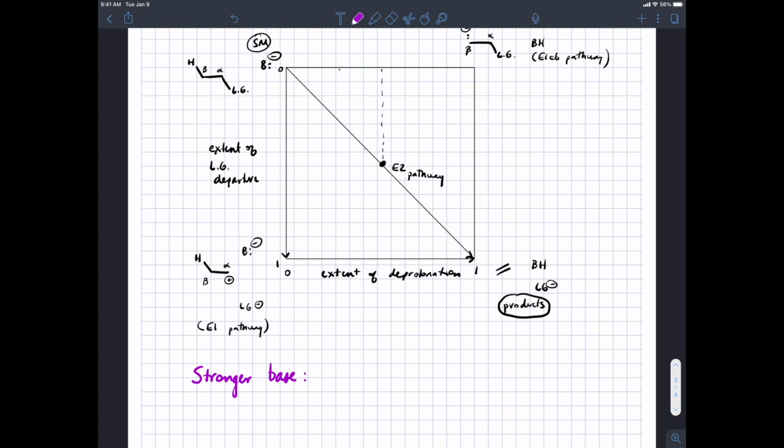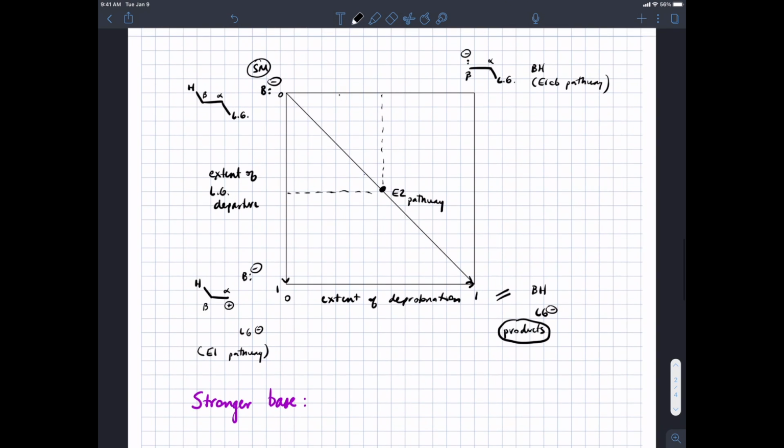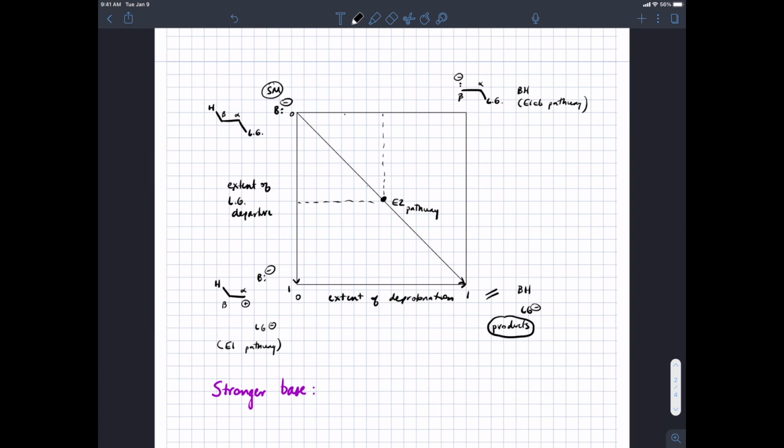So let's just examine, using this diagram, what increasing the strength of the base should do. So who can tell me, let's suppose we make the base stronger, what should that do to my potential energy landscape?